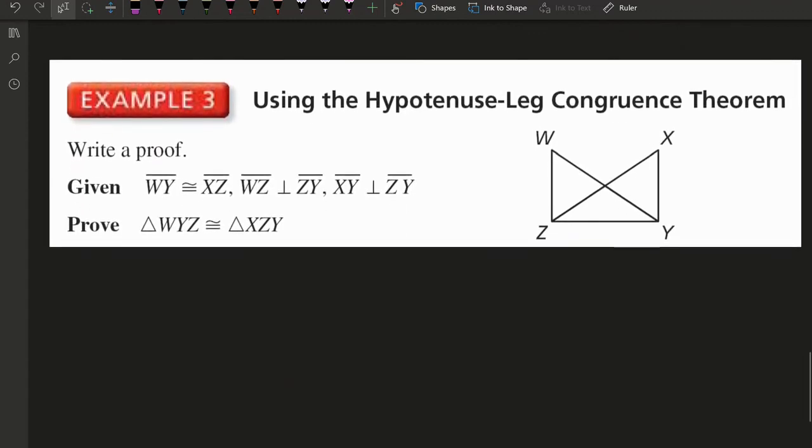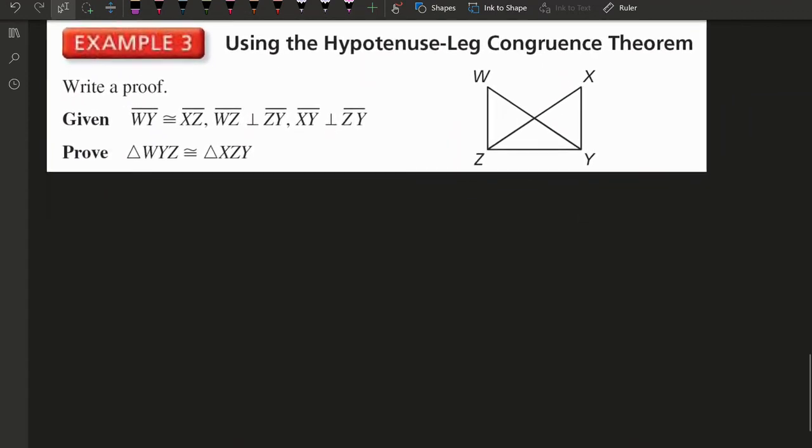Okay, let's see how that works in a proof. So in this proof, given that WY is congruent to XZ, WZ is perpendicular to ZY, and XY is perpendicular to ZY, prove that triangle WYZ is congruent to triangle XZY.